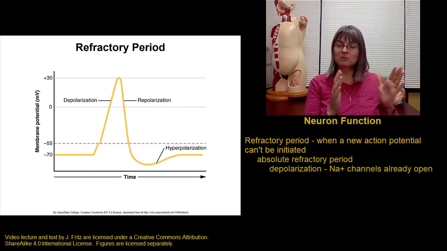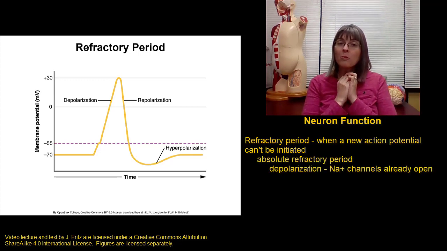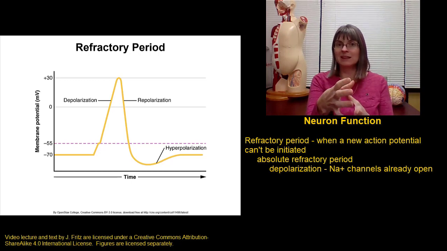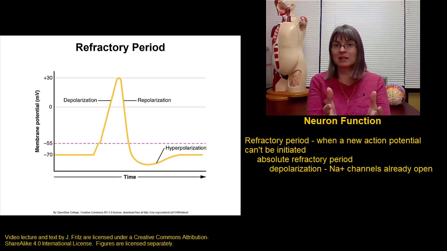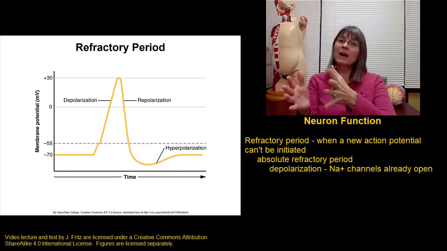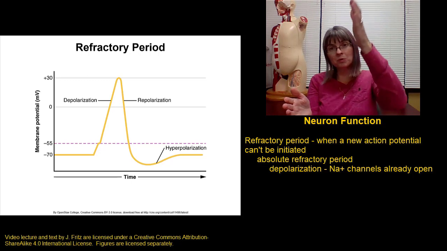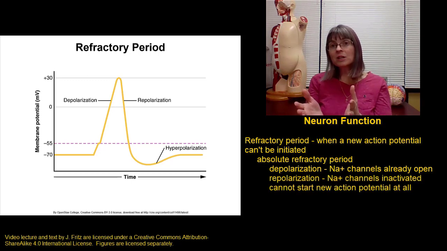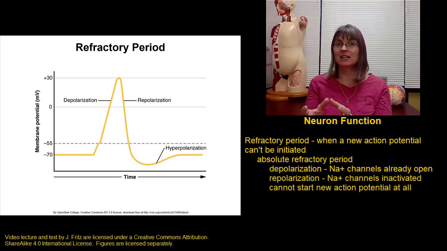When we start an action potential, we've opened all of the sodium channels in that area. They're all open and the sodium is rushing in. So you could try stimulating again, but the sodium channels are already open. You're not going to get an action potential because you already have one in progress. If we wait a little bit longer until we get to where we're repolarizing, the sodium channels are inactivated.